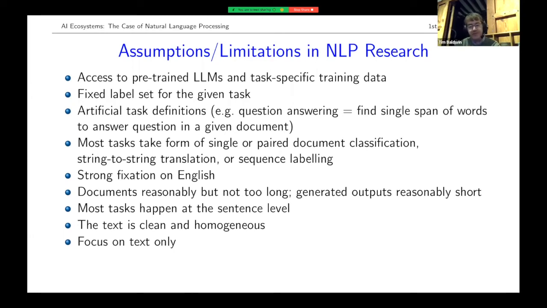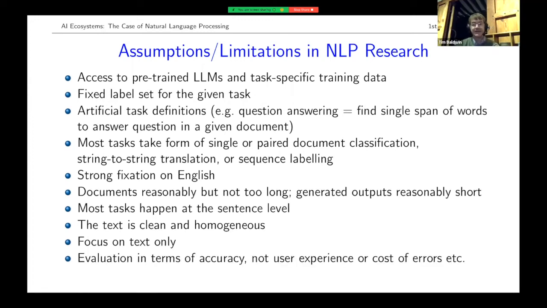And this is possibly less of an assumption nowadays. Things are getting more and more multimodal, as we had in the case of Stable Diffusion, for example. But there's still a strong fixation on text to the exclusion of other modalities, unsurprisingly. Evaluation is not in terms of user experience or cost of error, but embedded evaluation in terms of specific tasks.